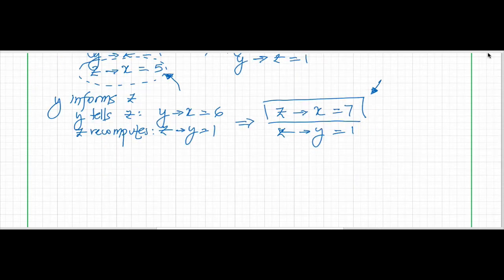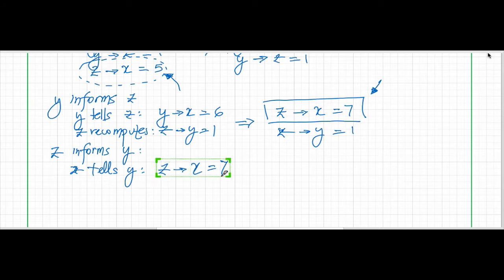So Z informs Y. We're only looking at Z and Y. Z informs Y, and so Z tells Y, the cost of going from Z to X is now 7. From Z to X is now 7. And obviously the cost of going from Z to Y is 1.